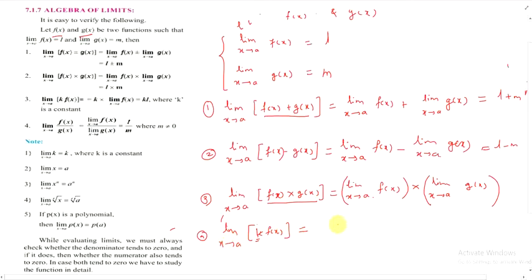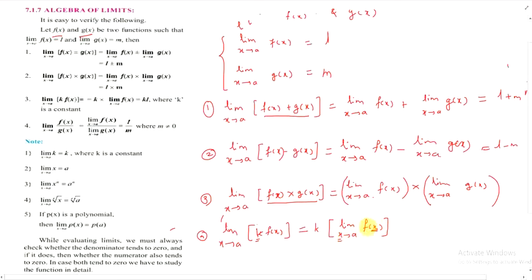Here we can take this k outside the limit, and inside the bracket we can take the limit of the function f(x) only. Means what? We can conclude one thing here. If x is there, then only we have to consider the limit.